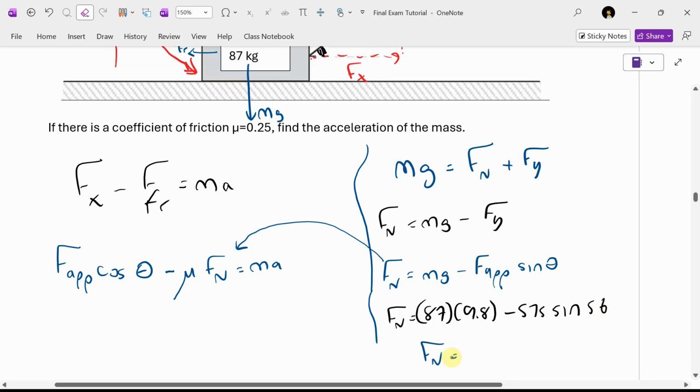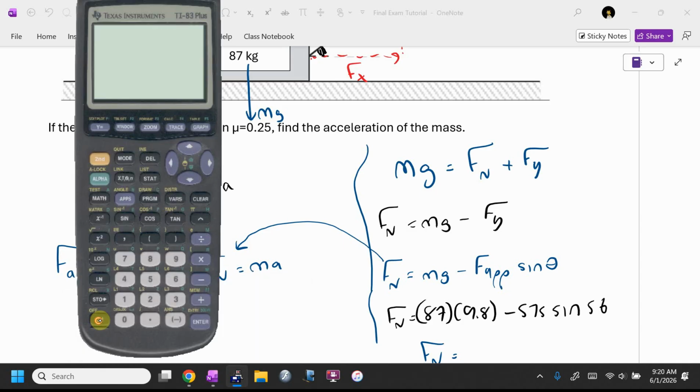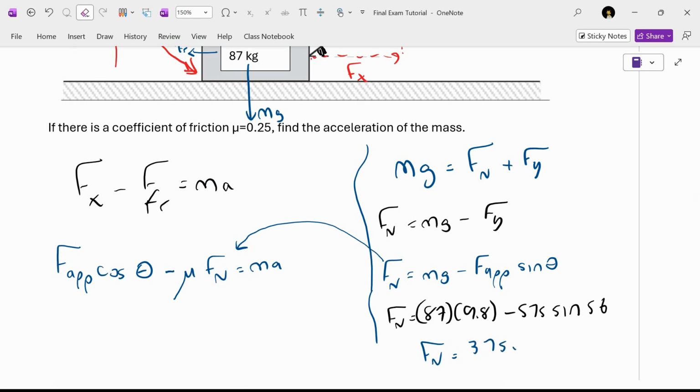And that would give me a normal force of 87 times 9.8 minus 575 sine 56. I get a normal force of 375.903. Anybody else? I need a confirmation to make sure I haven't made a typo. We're good. And so I could put that there.